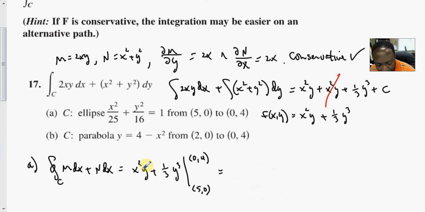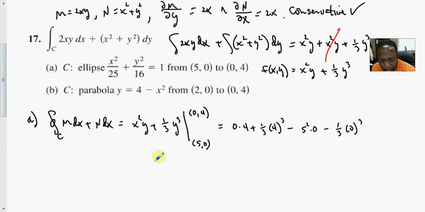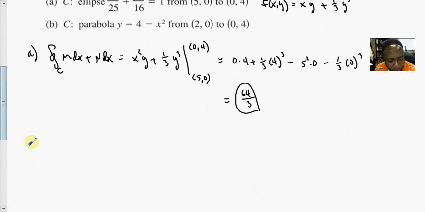So we plug in x equals 0, y is 4, plus 1/3 4 to the third, minus 5 squared times 0, minus 1/3 0 to the third. And that just gives us 64/3.